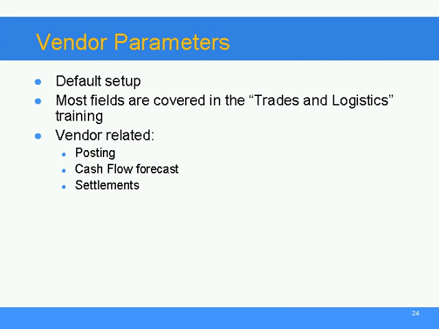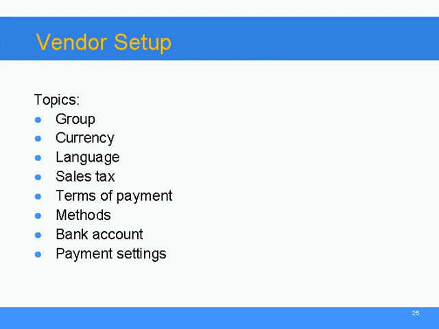We have vendor parameters, and in the vendor parameters you can define default setup, and most else will be covered in the trade and logistics training. And vendor related to posting, cash flow forecast, and settlement. And vendor setup, vendor table.